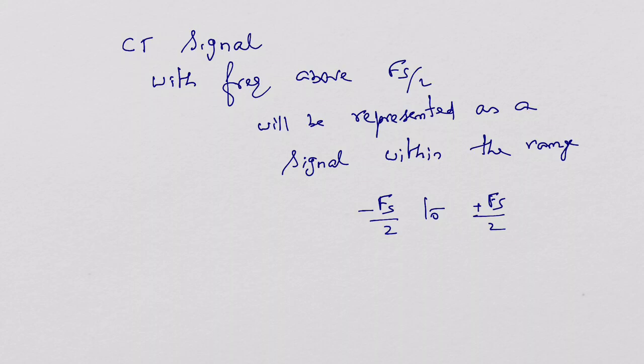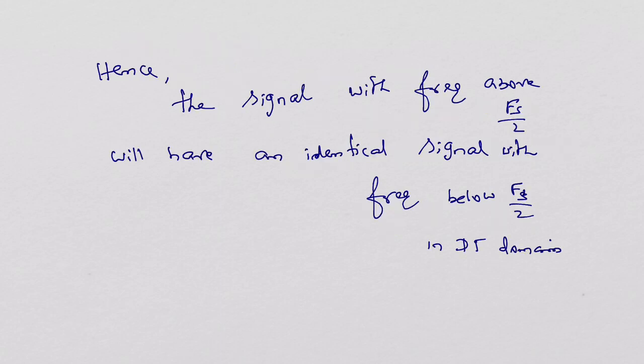Hence, a signal with frequencies greater than Fs by 2 will have an identical signal with frequencies below Fs by 2 in the discrete time domain, seemingly taking an identity.